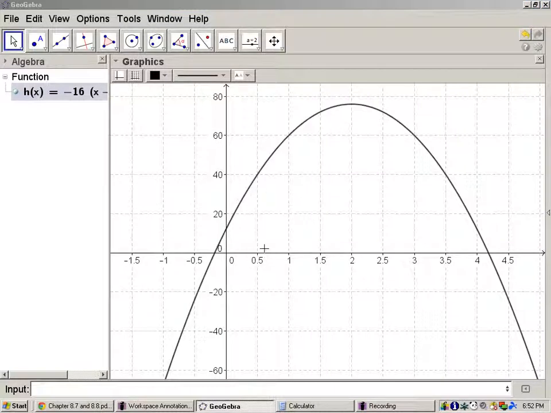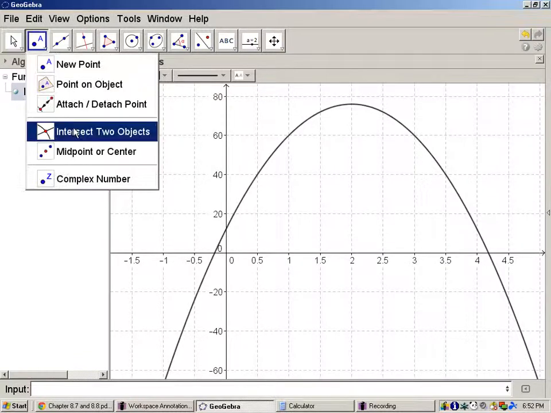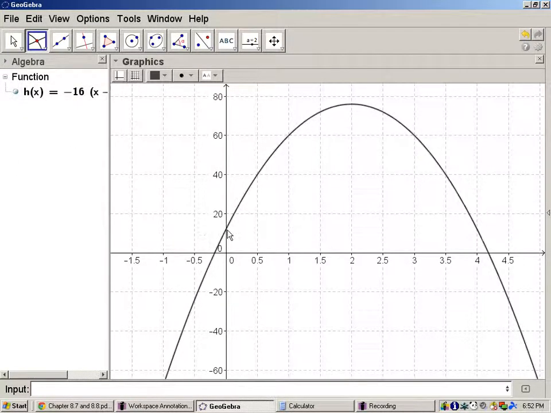And so you can tell if I were to pick points. Let's go to intersection. See where this intersects right here. There we go, and there it is. It says that number 12, again, was the y-intercept. The y-coordinate is 12. Let's see what the x-intercept was.